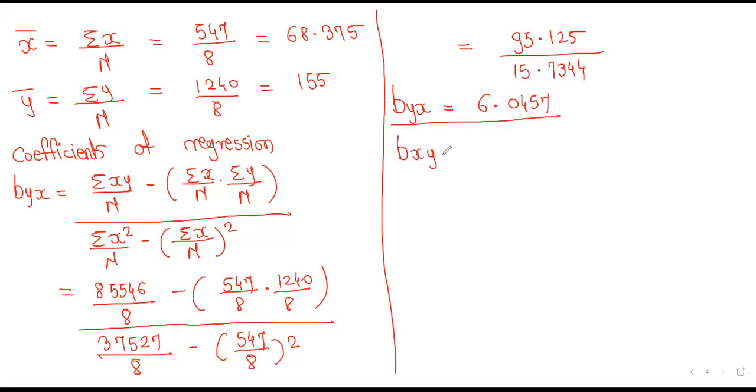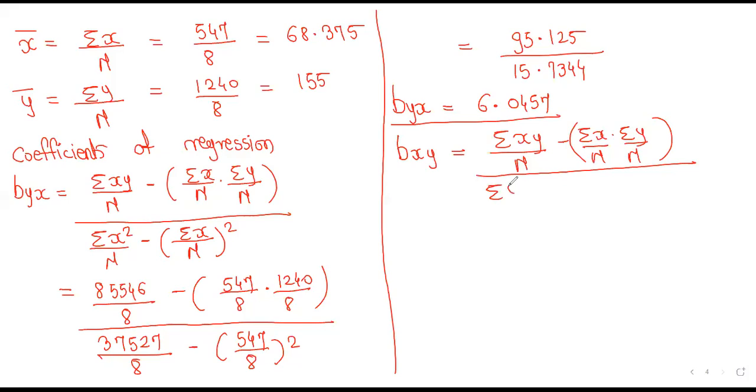So BXY is equal to summation of XY divided by capital N minus summation of X into summation of Y, divided by N and whole term divided by summation of Y square divided by capital N minus summation of Y divided by capital N bracket square.